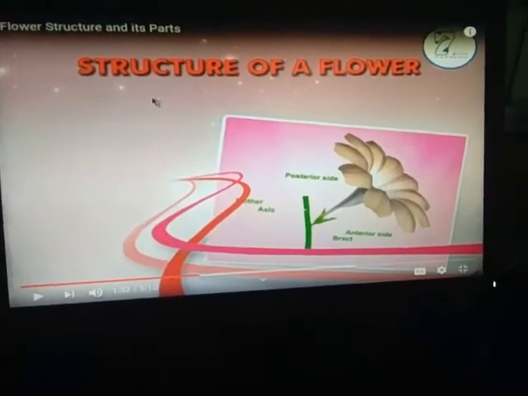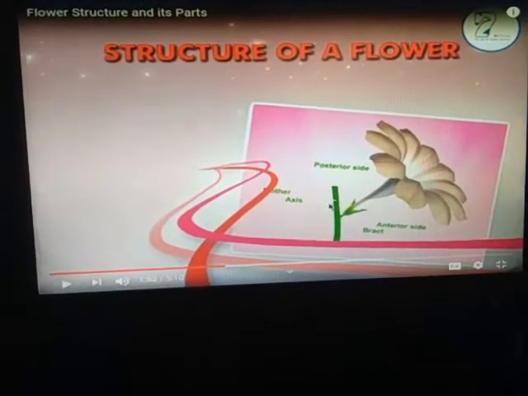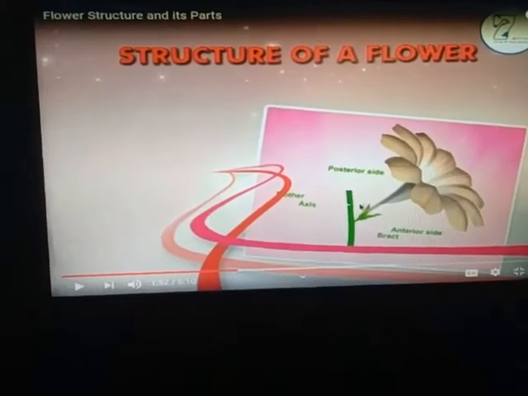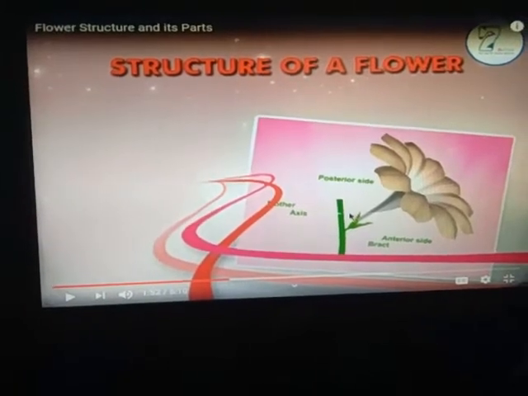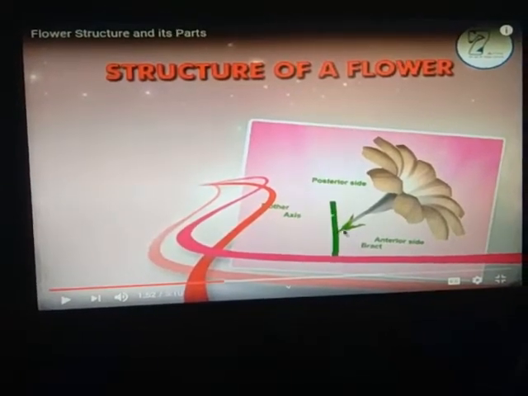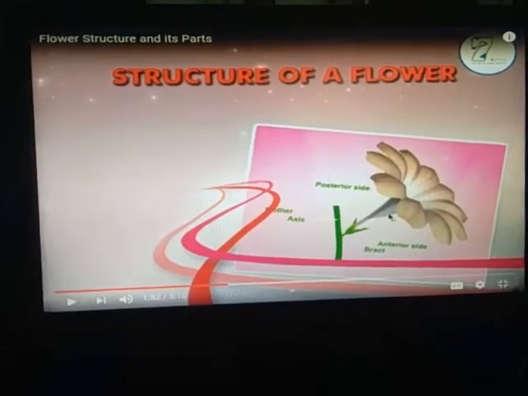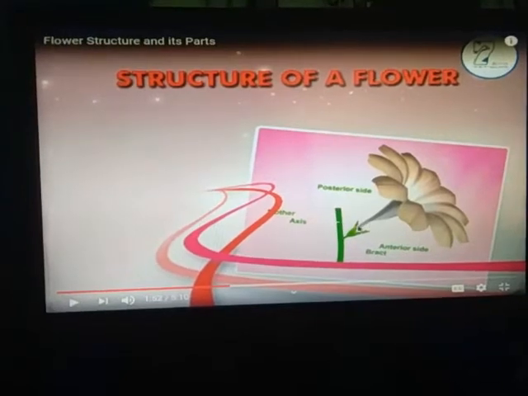Now through this structure we can also understand the different parts of a flower. This is the main axis of the stem, and this is the bract. From the pedicel two leaves originated.